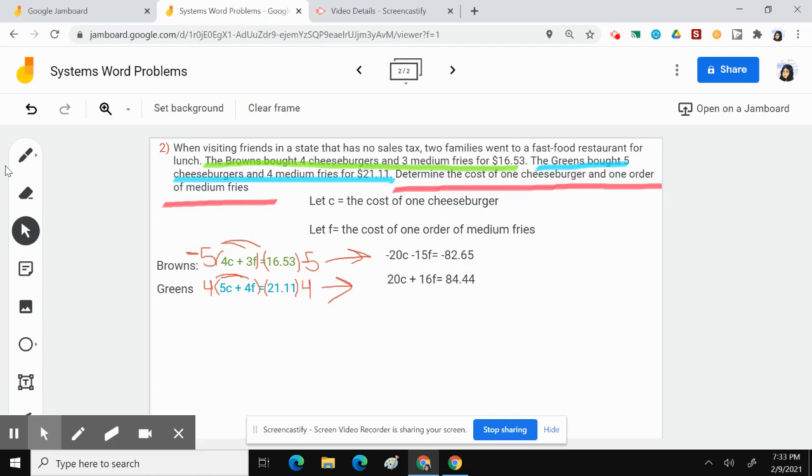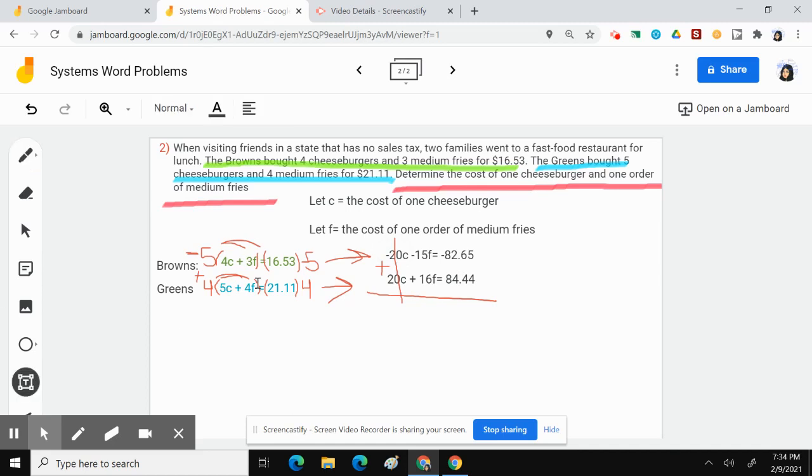Now, whenever I do elimination, I always think of this as an addition problem, right? That's why I said that I wanted opposites. So I'm going to go ahead and add these two equations. When I add this system, when I do negative 20C plus 20C, that gives me 0. This cancels.